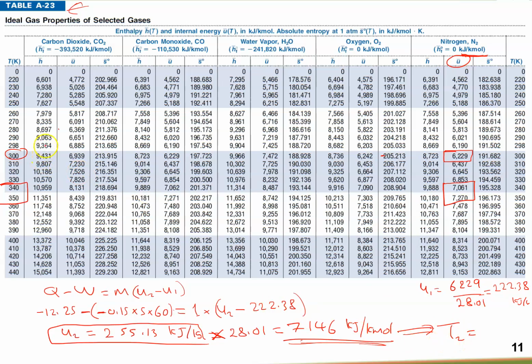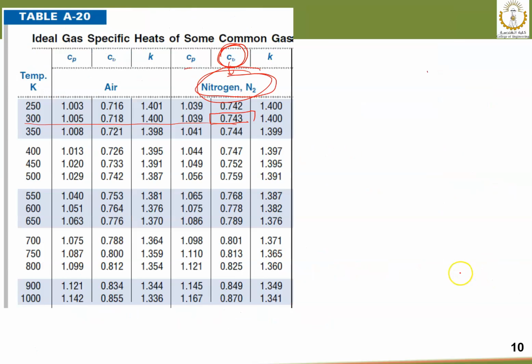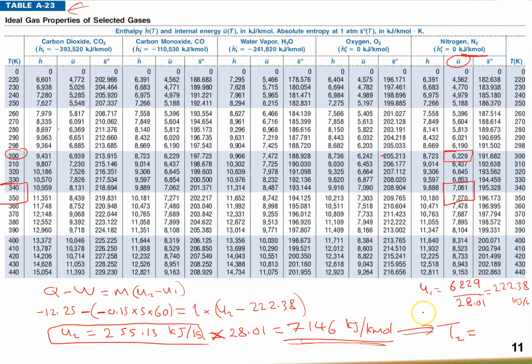But you notice here that the temperature is between 340 and 350. And our temperature, which we found using constant specific heat, 344, is also between these. So our temperature using constant specific heat is close to the temperature that we get using the tables with the variable specific heat. And then after that, of course, you will find the pressure.